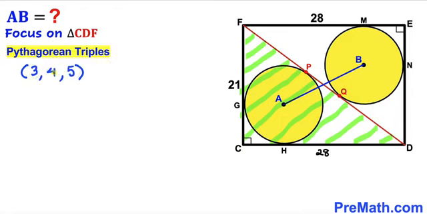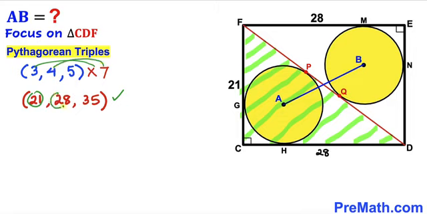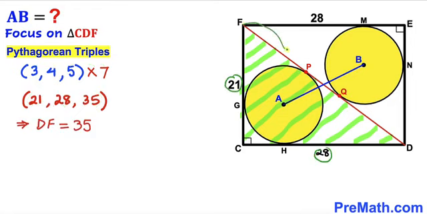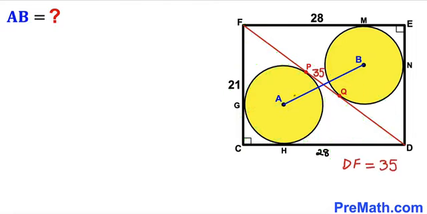If I multiply all these numbers by 7 across the board, then our new triplet becomes 3 times 7 is 21, 4 times 7 is 28, and 5 times 7 is 35. Since our side lengths are 21 and 28, this longest side DF is going to be 35 units.